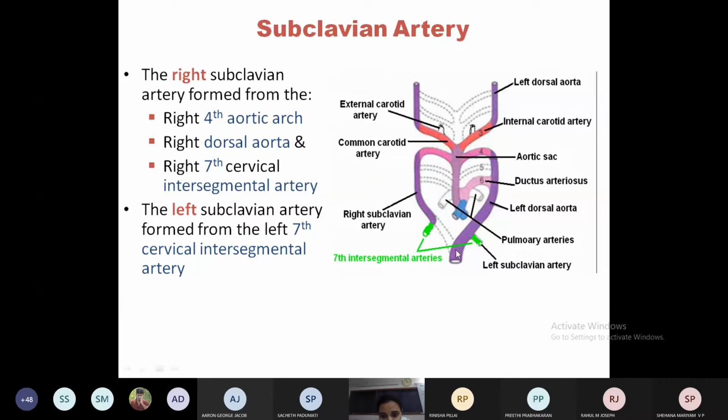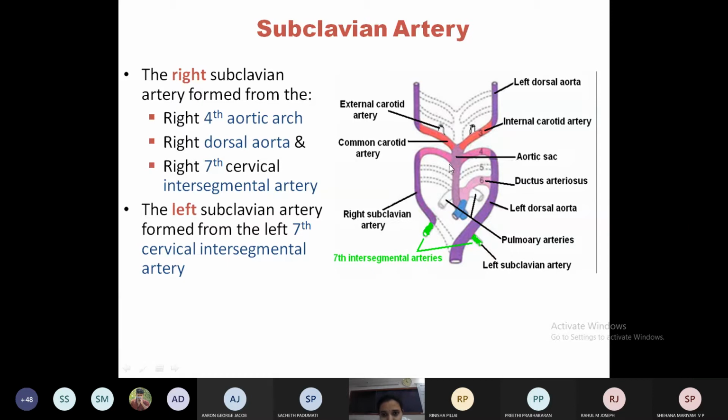The seventh cervical intersegmental artery gets attached to the dorsal aorta. Below that the dorsal aorta will disappear on the right side, so that we don't get double aortic arches. Only on the left side do we have the aortic arch, which will continue as the descending aorta.